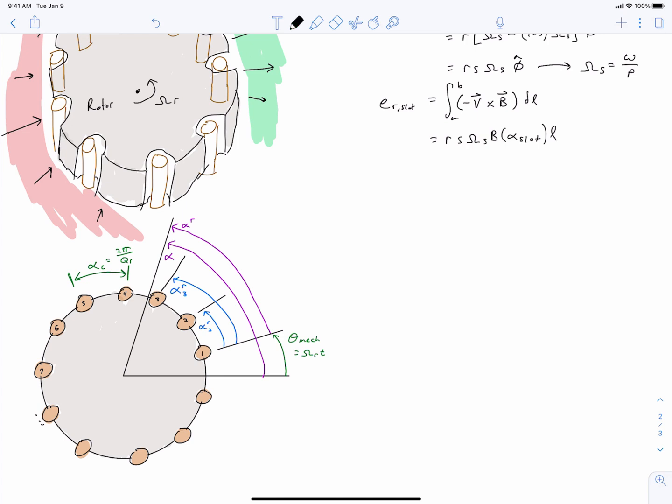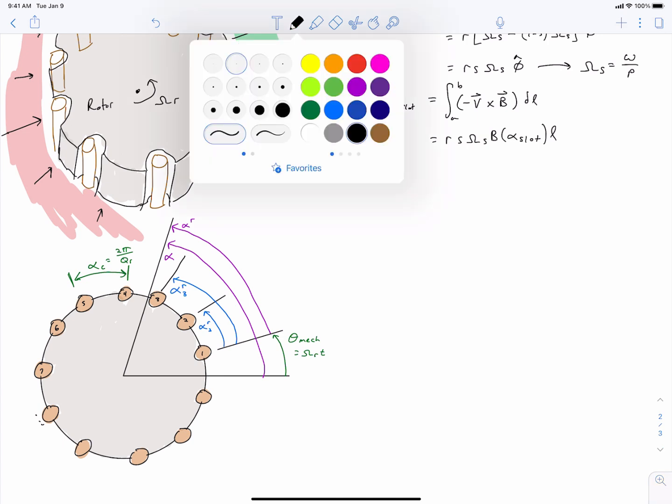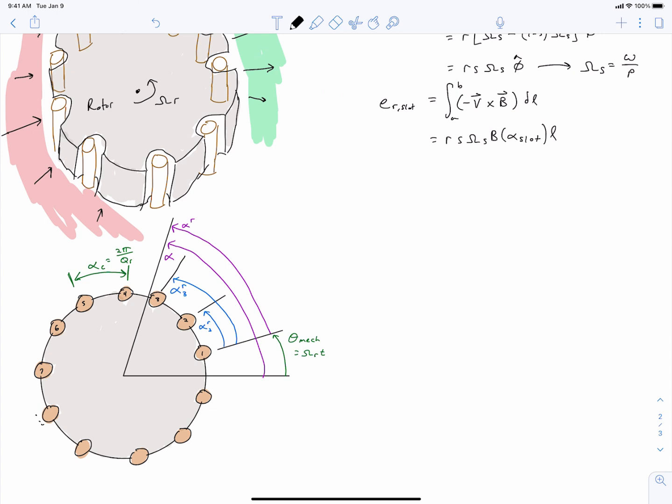We're now ready to finish our voltage calculations. We can talk about the voltage in an individual slot at an arbitrary location, just like we did in the Star of Slots video, where ZQ is equal to 1 for a cage rotor. If we're talking about a wound rotor, of course, then we have a number of series coil sides.